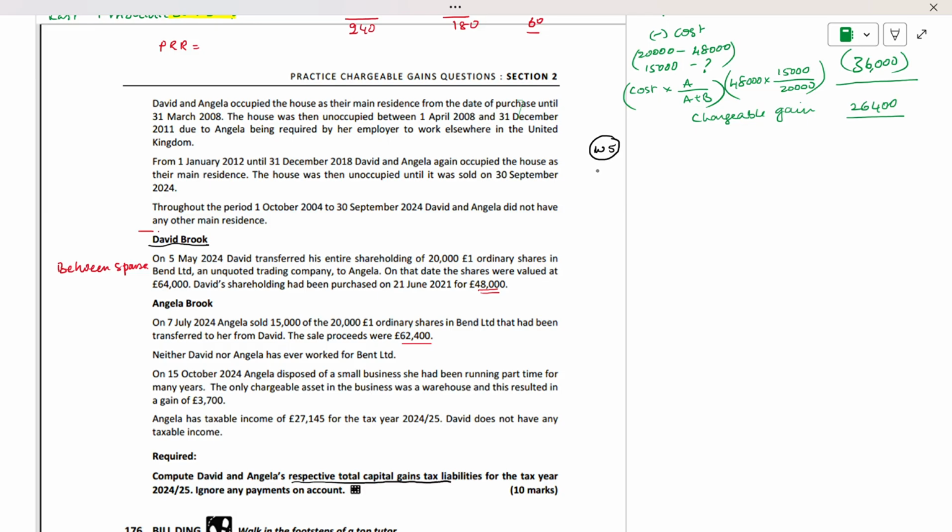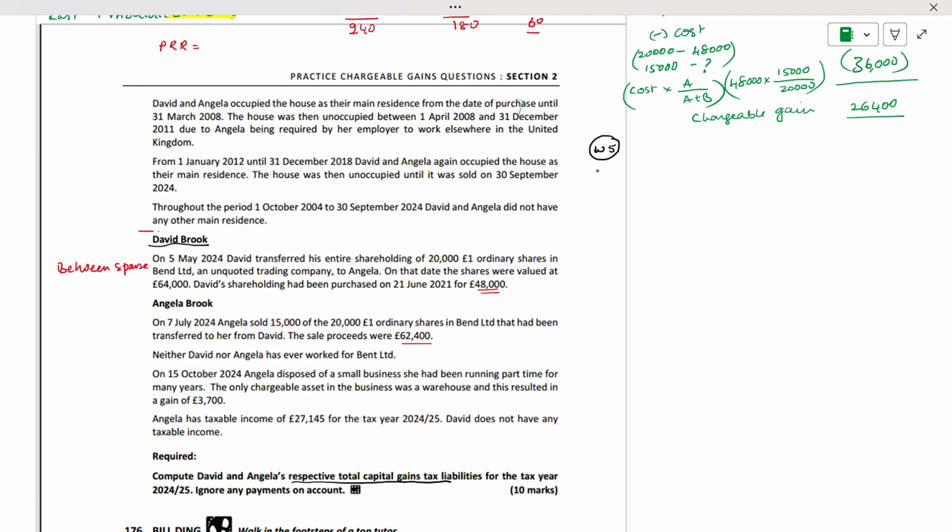The 3,700 is taken directly, right? And then at the end, you have to compute the CGT. Think, how much is that? They gave taxable income 27,145. You have to deduct that from the basic limit, 37,700.